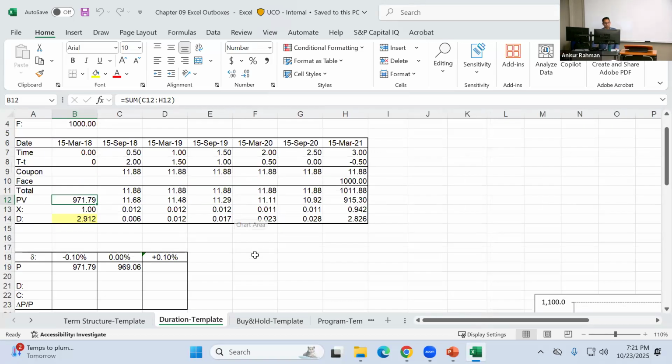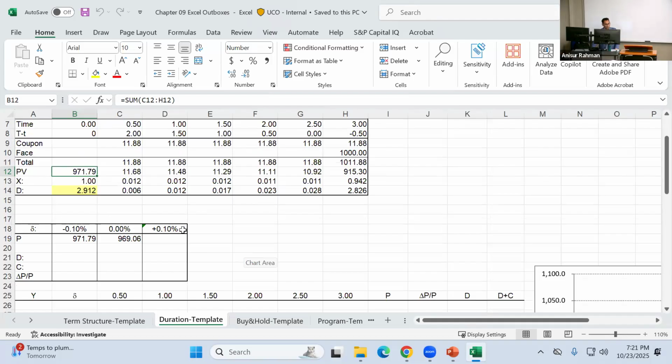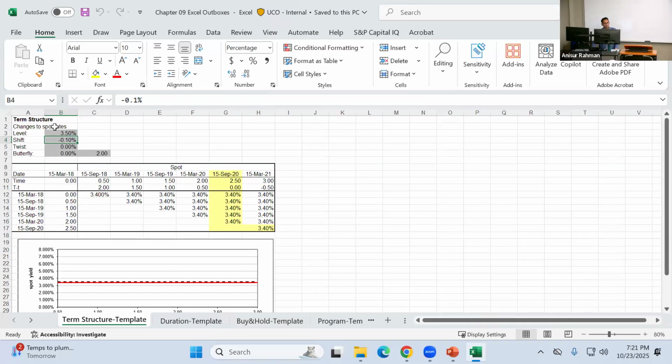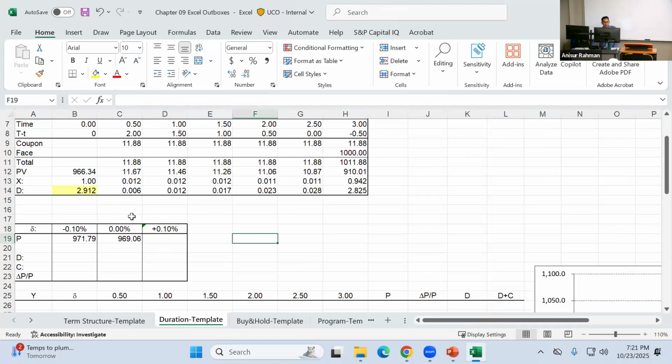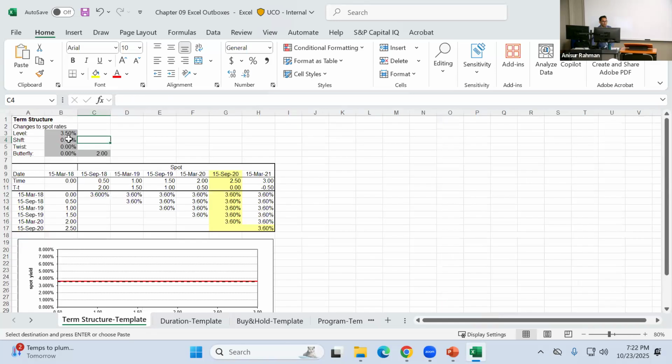You got it now? Yes. Okay, very good. So now go ahead and do the same thing, but for 0.10% in the shift. You have to type the percent manually. Oh, okay, 0.1%. 0.10.